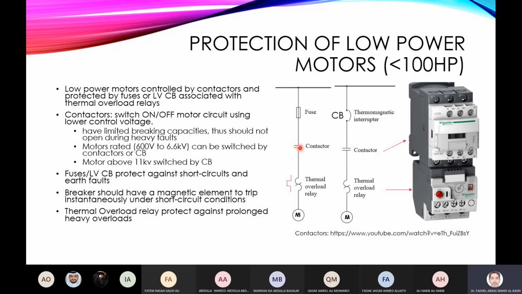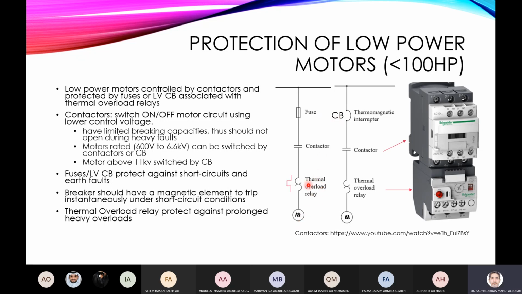And we have also a contactor. So we have three elements. We have a fuse or a breaker for short circuit protection, whether it is phase-to-phase faults, ground faults, or three-phase faults. You want to provide fast-acting operation to clear the faults.